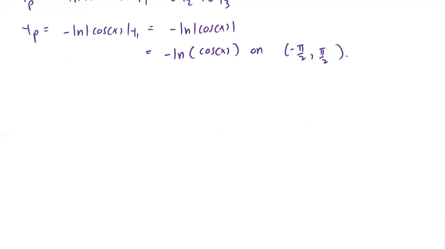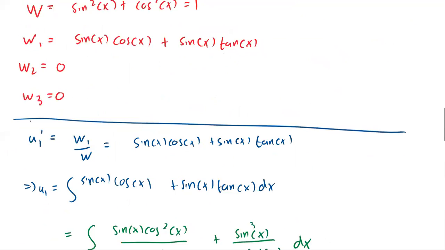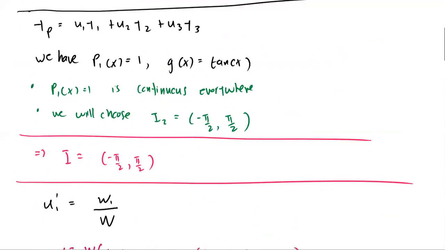So, what's the general solution? On negative pi over 2 to pi over 2, y of x equals y sub c plus y sub p, which equals, so let's go back and see what the complementary solution was.